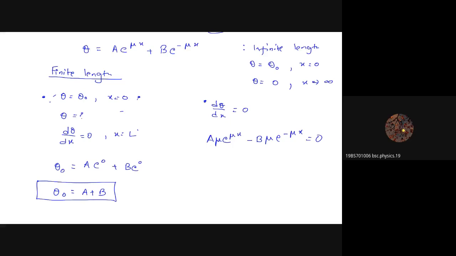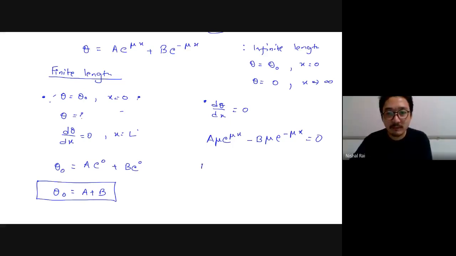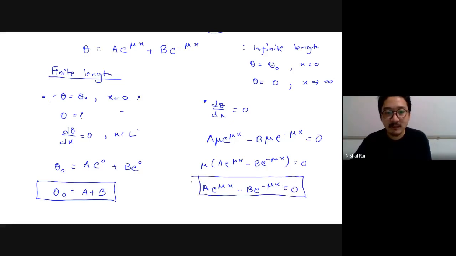We can take mu common. Then it will be A e to the power mu x minus B e to the power negative mu x should be what? 0. Mu is not 0, which means A e to the power mu x minus B e to the power negative mu x should be 0. Now this is your second condition.